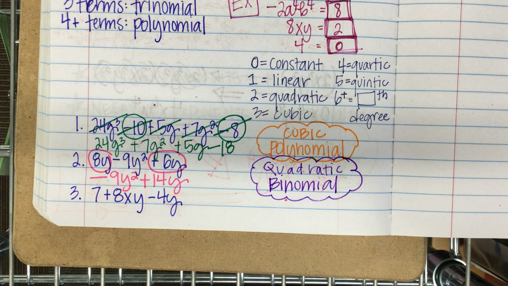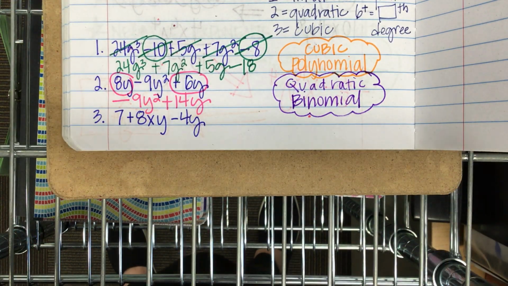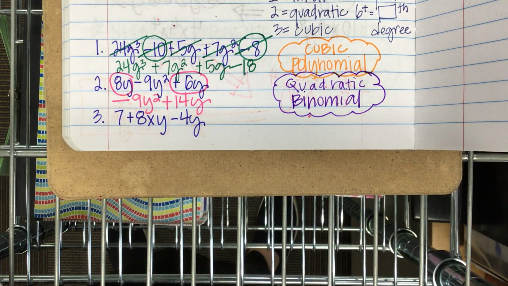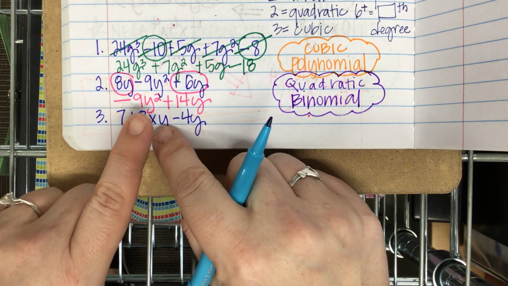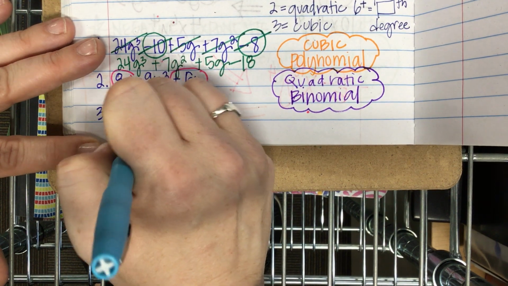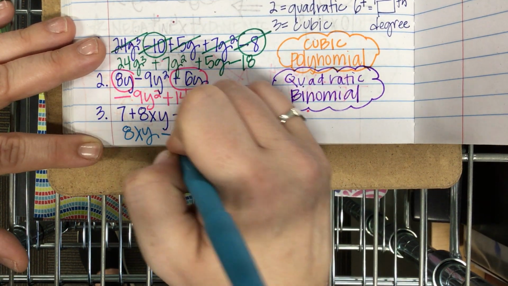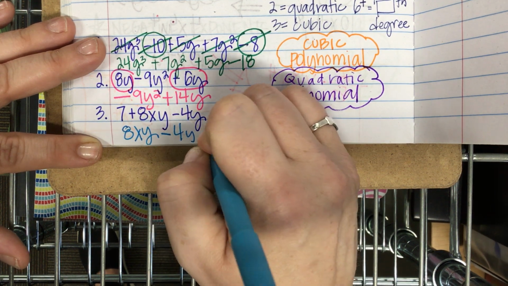And last but not least, first off, does anything go together? No like terms, but let's write it in standard form. What's the largest exponent out there? 8xy, because there's a 1 and a 1. Minus 4y plus 7.